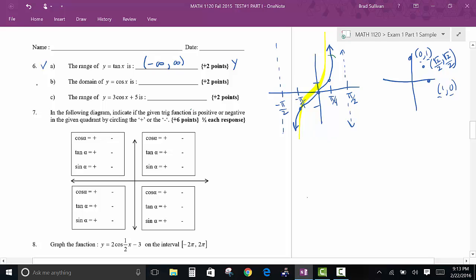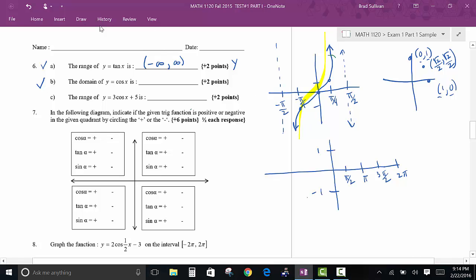Okay, well, what does the cosine look like? There's a couple ways to look at this. When we learned about the cosine graph, excuse me, this went like this. So it's kind of important that you memorize the sine and cosine.